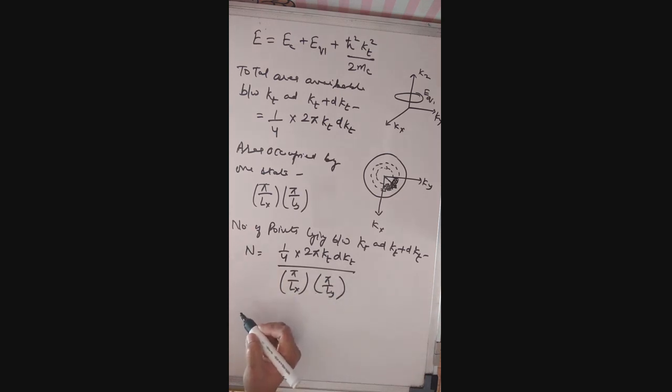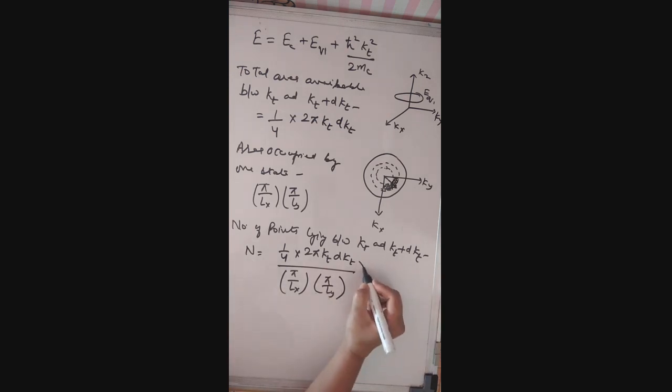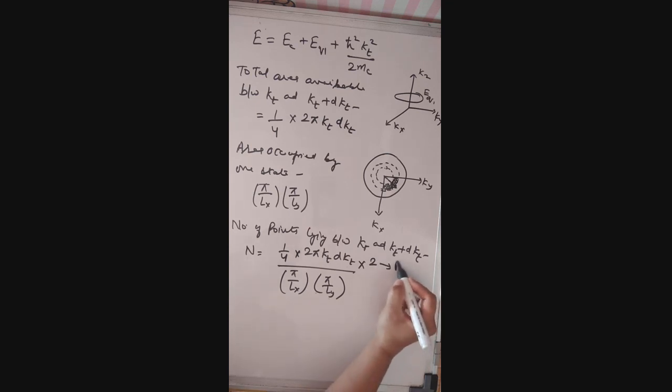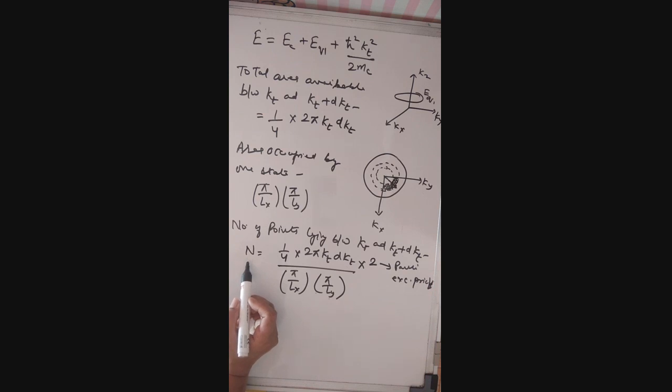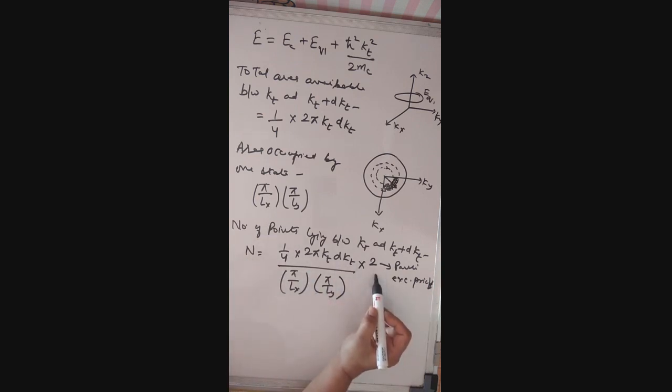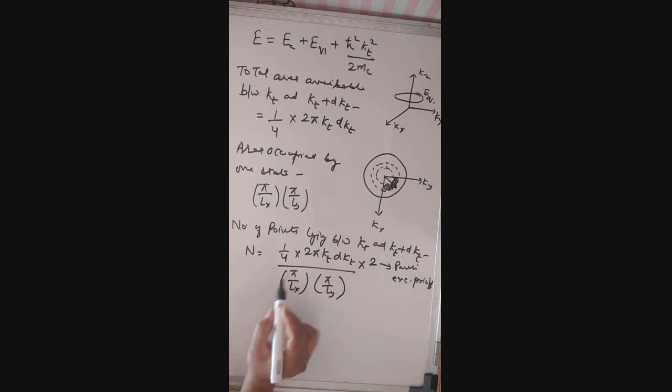Now since we are talking about the number of allowed states, we have to multiply it by 2, which is due to the Pauli exclusion principle, because according to the Pauli exclusion principle, in a state there can be 2 electrons. So the number of states available to the electrons will be twice, therefore we have multiplied it by 2. Now you can cancel out the things that are cancelling out.